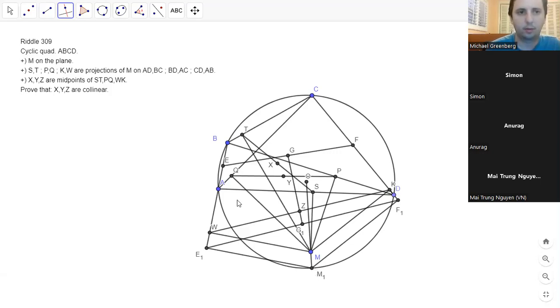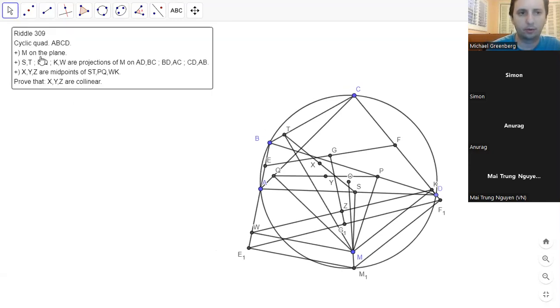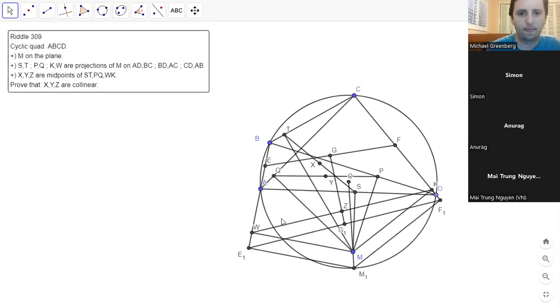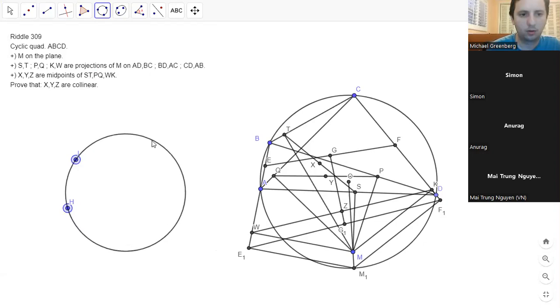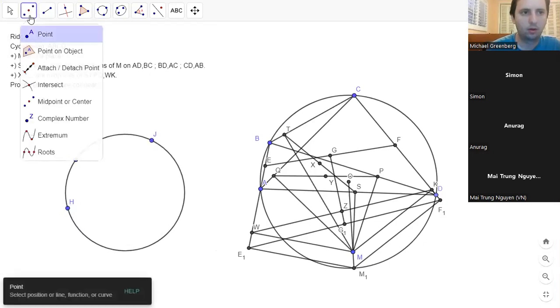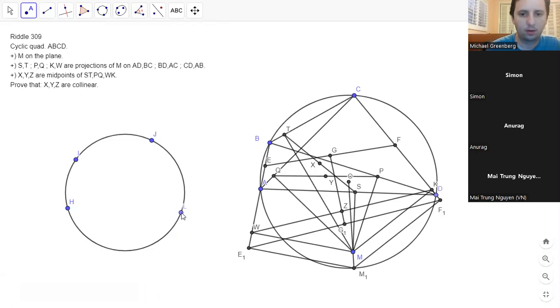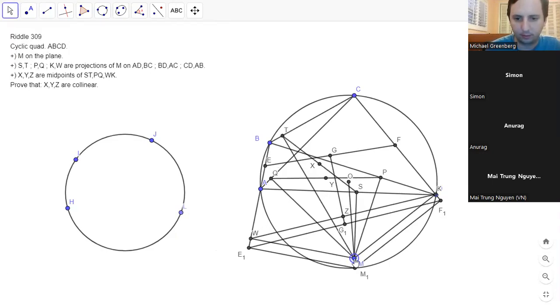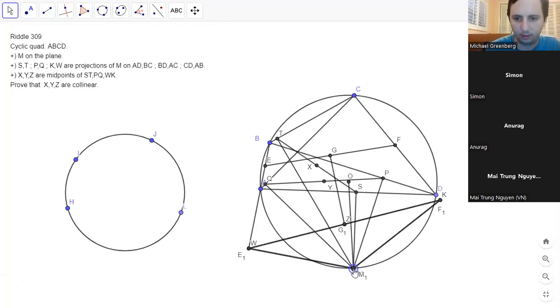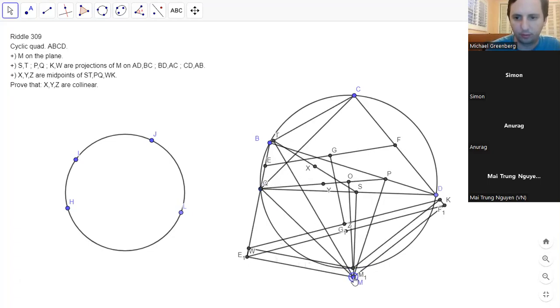Yes. So maybe I could draw another diagram, but now I assume it's on the circle. Actually, if I just drag this to be, okay, so this is kind of what it would look like if this were on the circle.